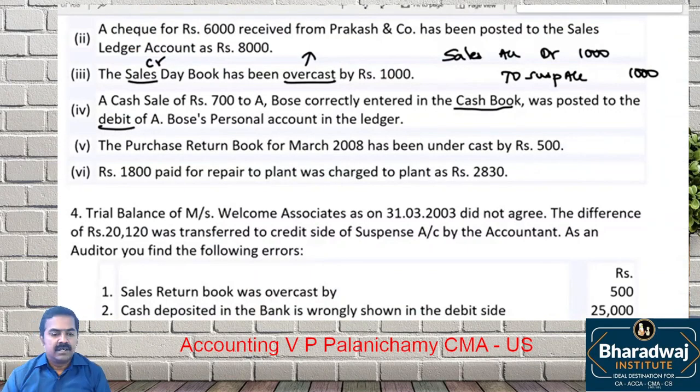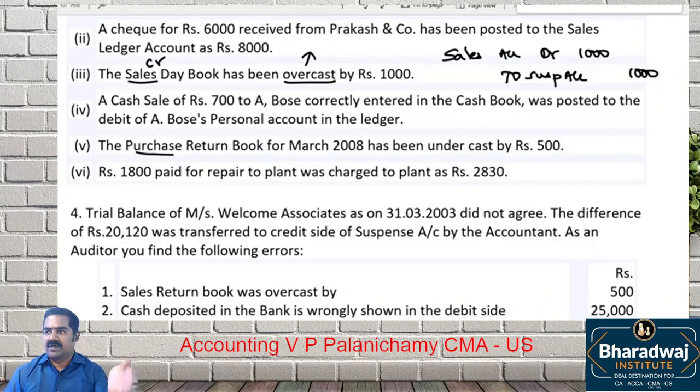Next. Purchase return book for March 2008 has been undercast by 500. Purchase returns book undercast. Purchase returns will have which balance? Credit balance. Undercast now? In the credit side, we entered a lesser amount. What to do?